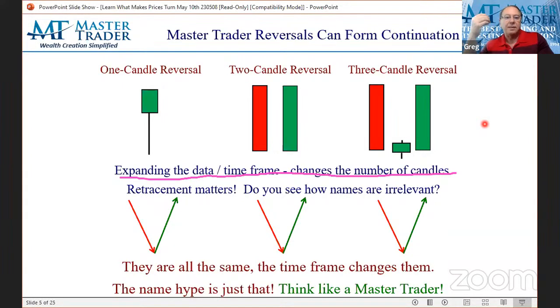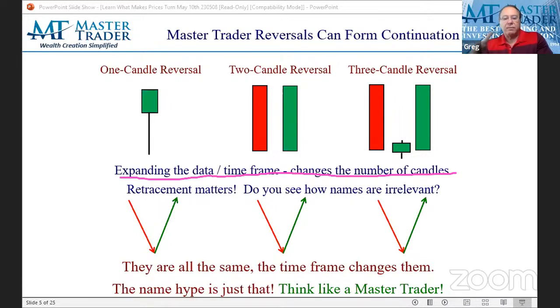When I first saw bottoming tail bars, I was like, wow, that is an amazing bar, when it forms, how things follow through. And then when I didn't see it, I found it on a different time frame. And this is what this slide is about: as you change time frames, you either compress the data or expand the data, and it creates different pictures. And call it what you want, it's going up.